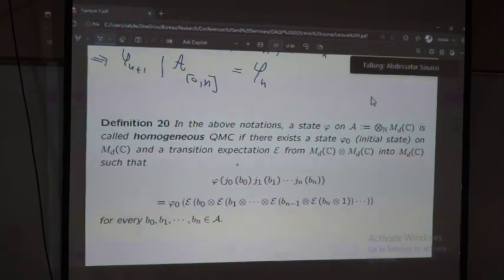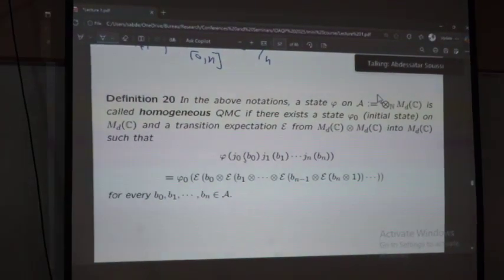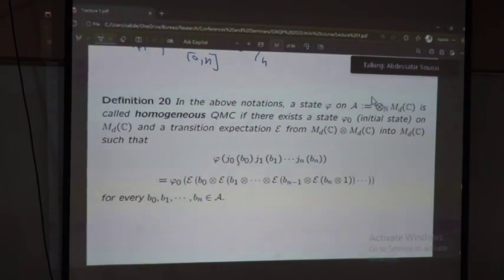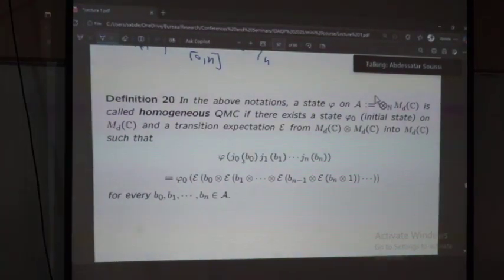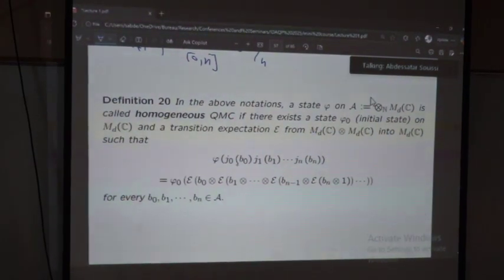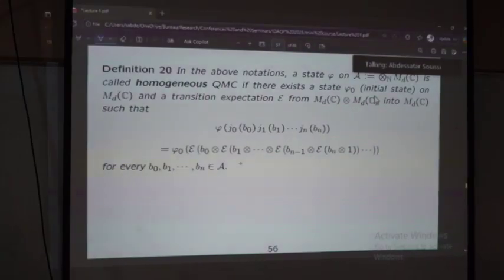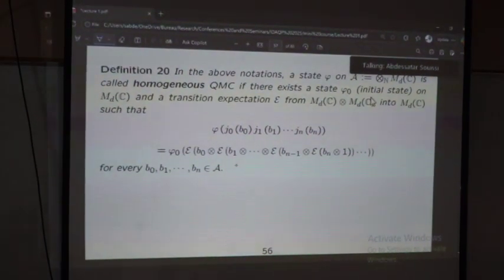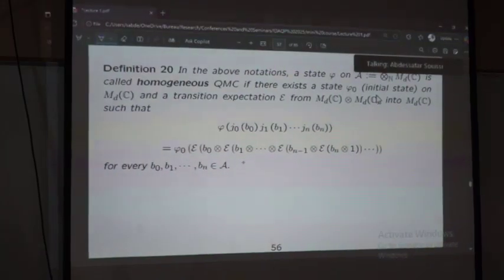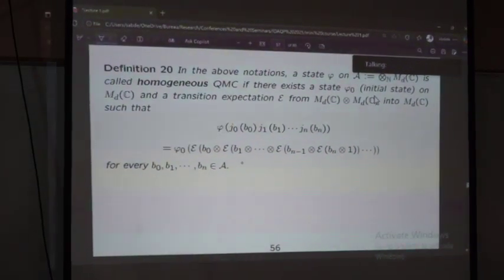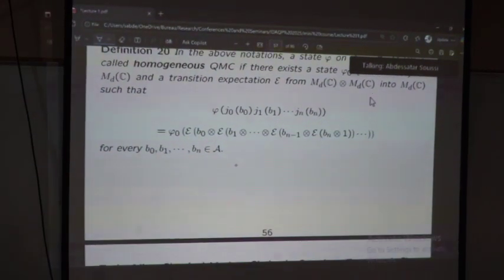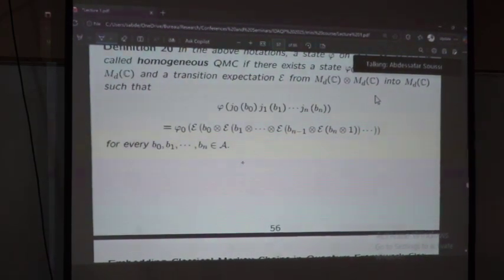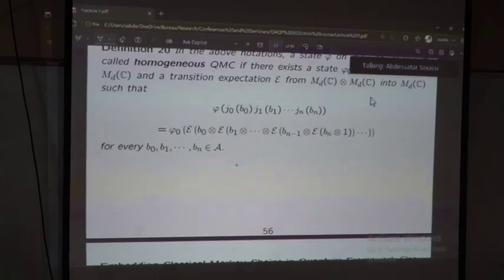Also, the homogeneous case is characterized by the fact that the transitions are the same, like E_n doesn't depend on n. We have this simple formula: the finite correlations of phi are defined through this expectation, which is exactly the analog of the extension of the measure.